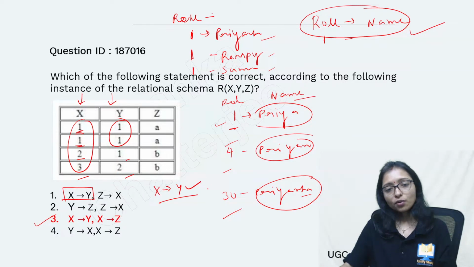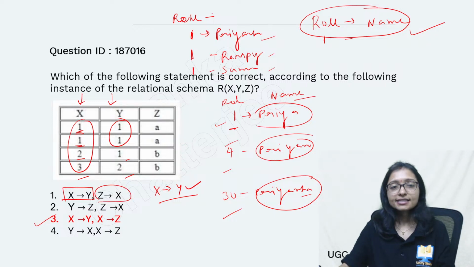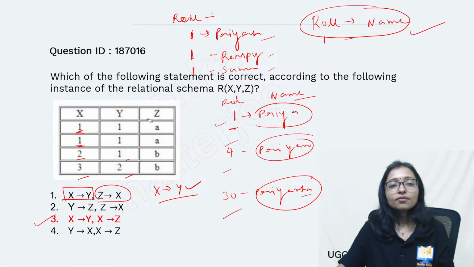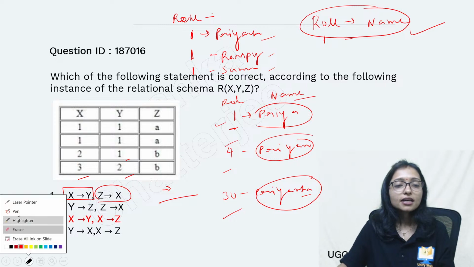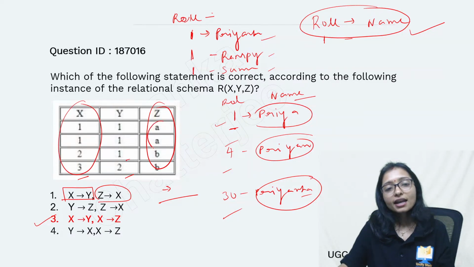Holds. No problem here. But Z implies X: is this holding or not? What is the problem in Z implies X? Check it. This is Z, this is X. You can see here AA, with roll numbers 1, 1, which means for the same name there is the same roll number.